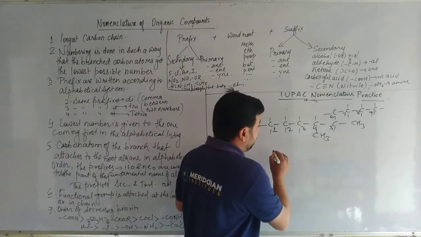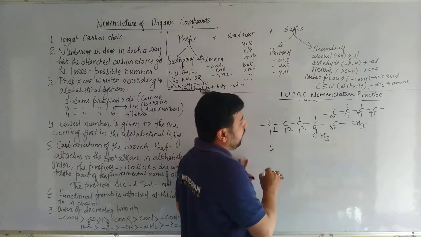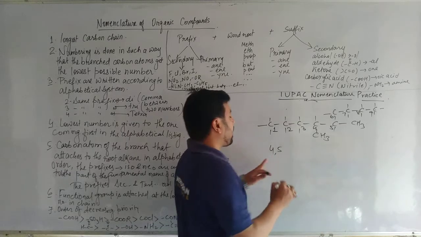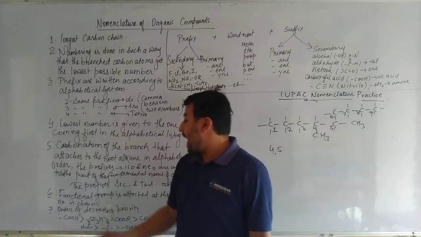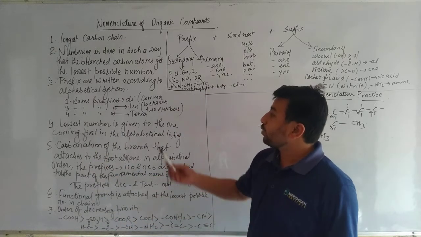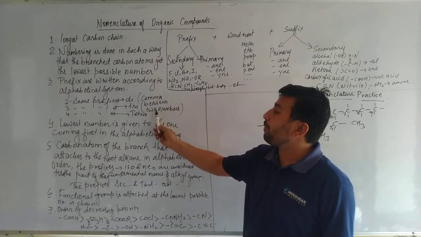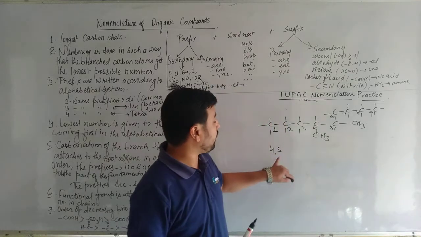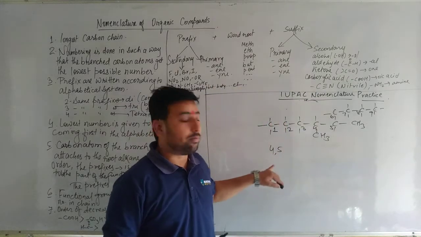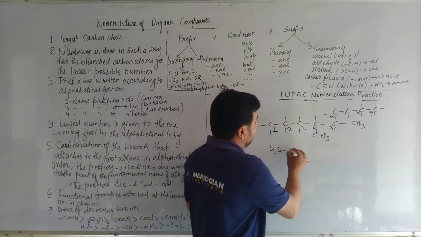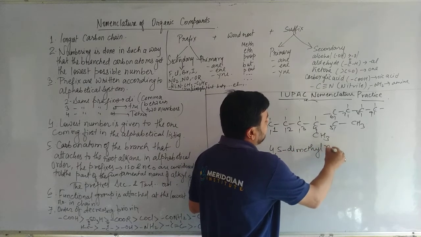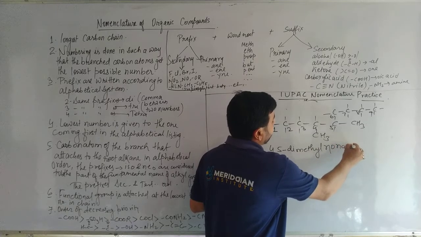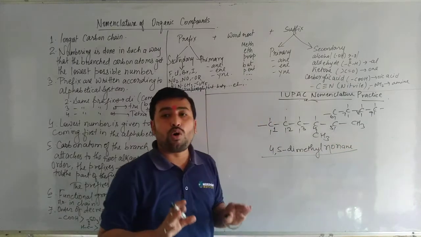Means on the 4th position methyl group is there, and also on the 5th position. So 4, 5. As you write these prefixes, you have to write a comma between the 2 numbers. What you have to mention? Comma between the 2 numbers. So 4,5-dimethyl nonane.